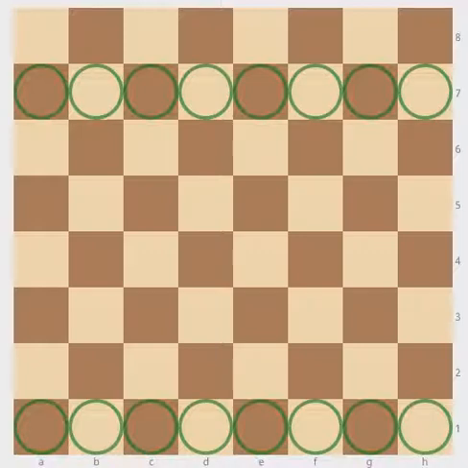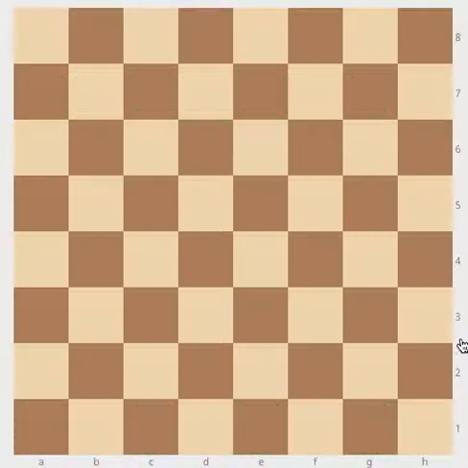These numbers are known as ranks. So we have the first rank, second rank, third rank, fourth rank, fifth rank, sixth rank, seventh rank, eighth rank. If I put a circle here, it's on the first rank.